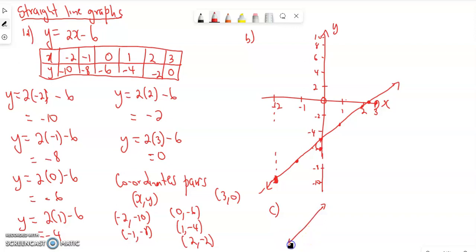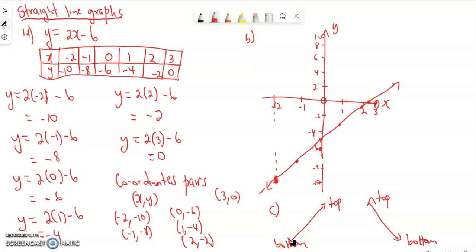So let's say we are given something like this. This is top and this is bottom. If we are given a graph like this, this is top and this is bottom. So we always read the graph from left to right.